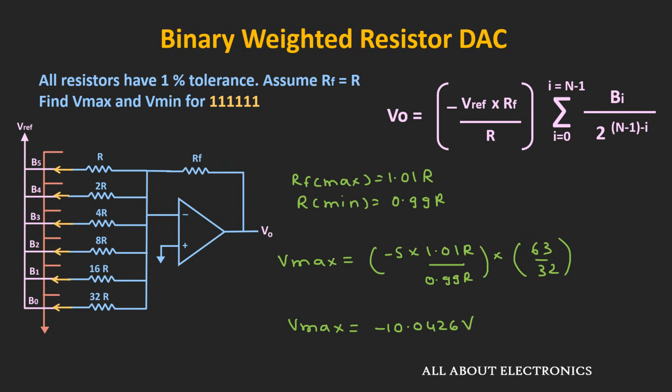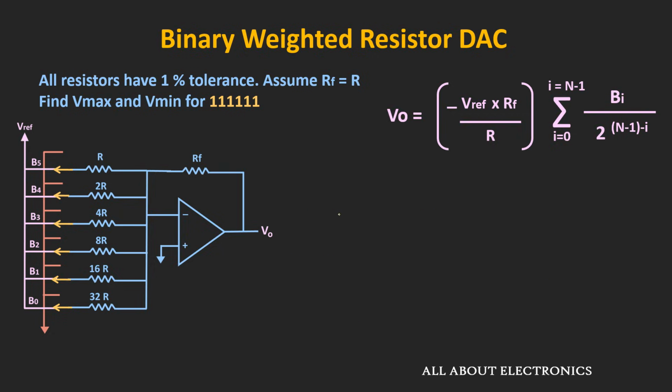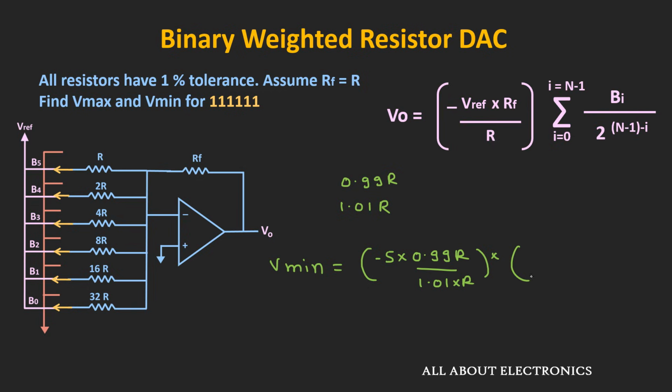So if we simplify it, then the maximum value of the output voltage will be equal to minus 10.0426 volt. And similarly, to find the minimum value, the RF will be equal to 0.99 times R and R will be equal to 1.01 times R. So the minimum value of the output voltage will be equal to minus 5 times 0.99 times R divided by 1.01 times R and multiplied by this factor, which is equal to 63 divided by 32.